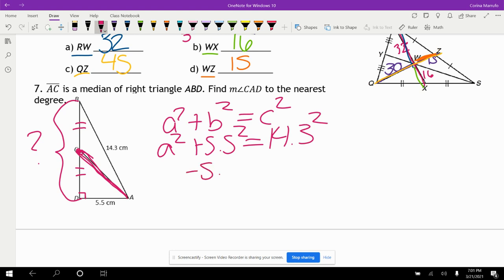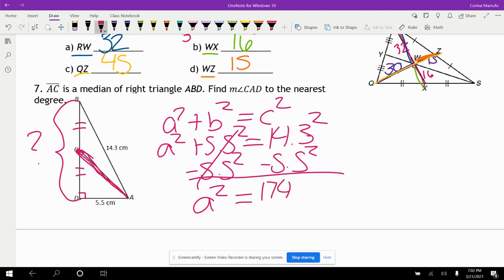Okay, we're solving for A, so I'm going to go ahead and subtract the 5.5 squared from both sides. That cancels, and we get A squared equals, in our calculators, 14.3 squared minus 5.5 squared. And that gives me 174.24. We go ahead and take the square root of 174.24.